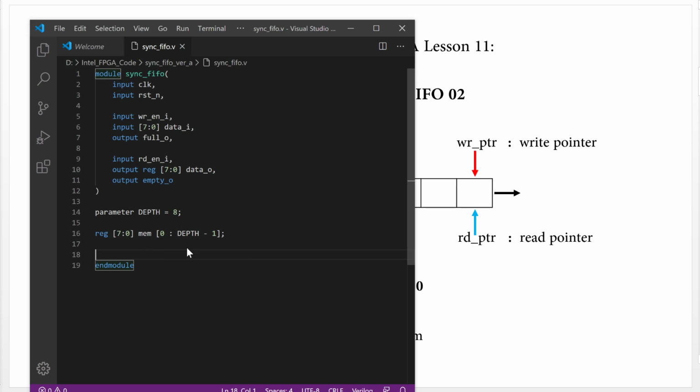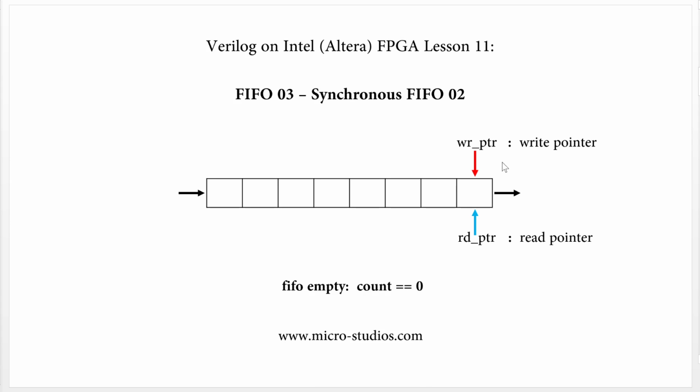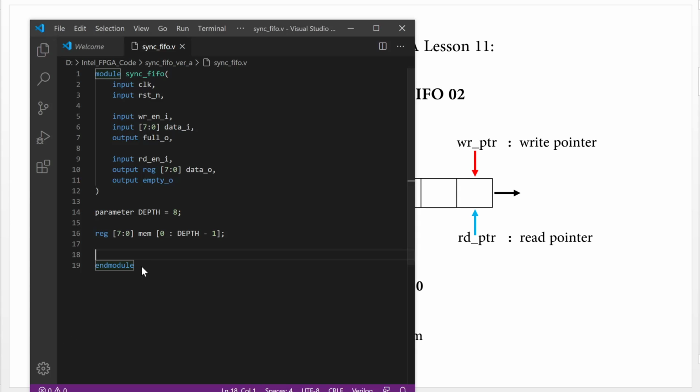Okay. So the next thing we need to define is the write pointer. We define it as a register from 2 to 0. Okay. So you will wonder why it is from 2 to 0 for the write pointer. Let's take a look.